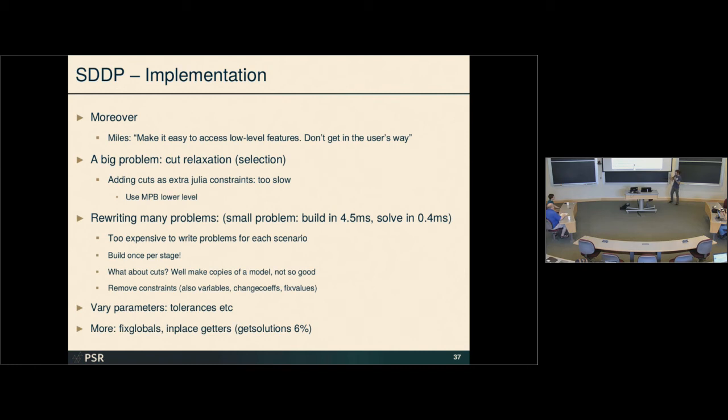In-place getters: most of the APIs in Julia, every time they get a solution for you, they create a big vector to keep your solution and return it to you. But if you're solving too many problems, that gets in the way, and doing that in place sometimes is faster. It was like 5%, not a big bottleneck, but you can get rid of 5% of the time. Why not?